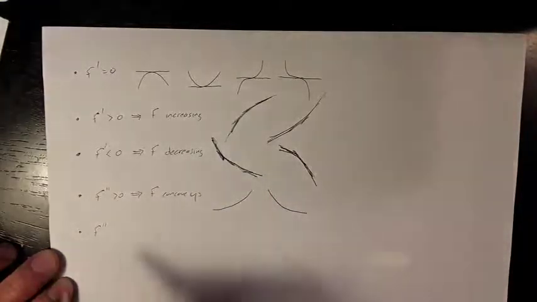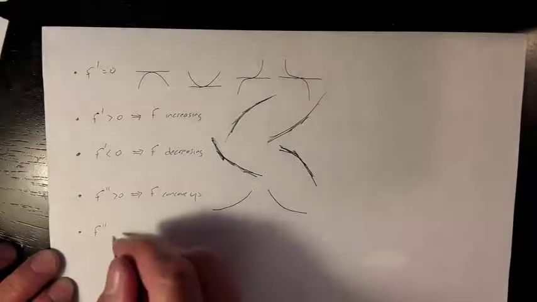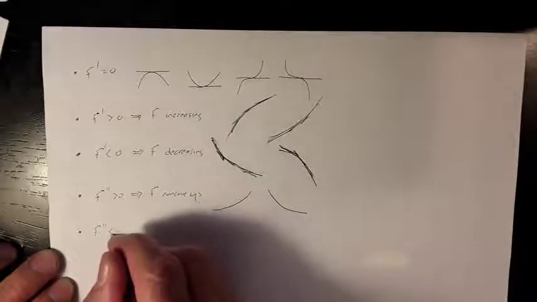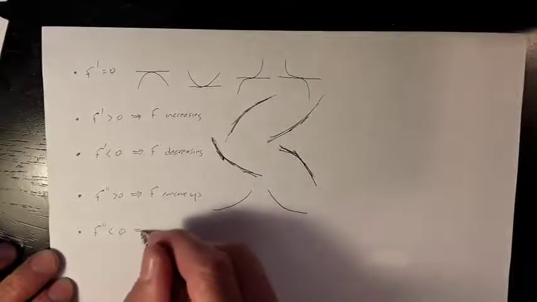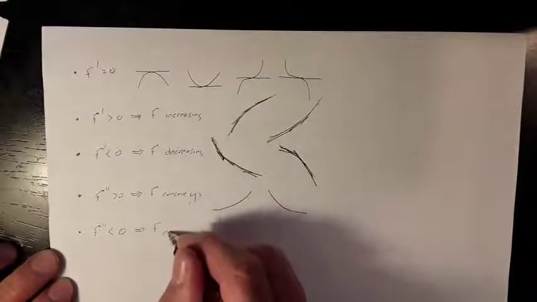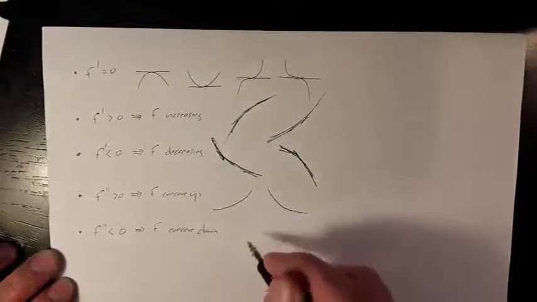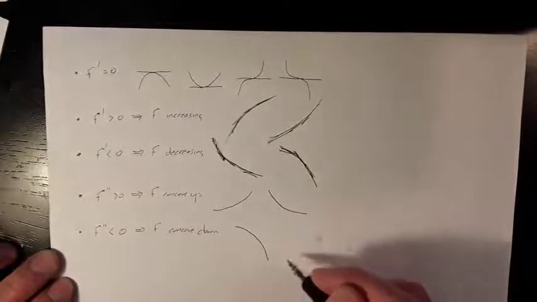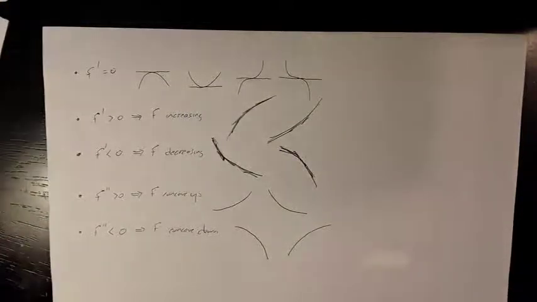I'm sure a bright group such as my present 1A group would get it no problem. But I'll talk about it in a future video very shortly. When f double prime is negative, that tells you that the function is concave down. In other words, it's decreasing concave down or increasing concave down, but it's concave down.